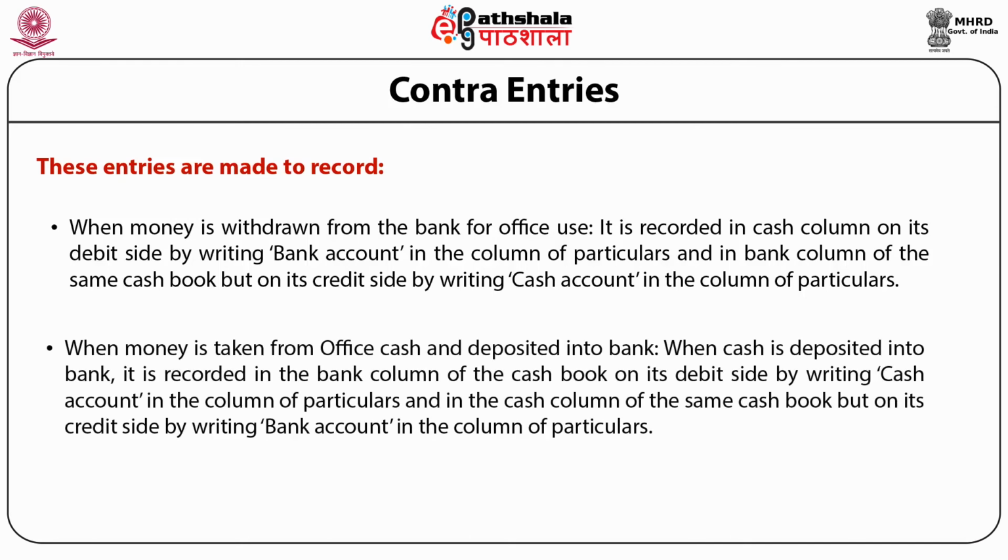When money is taken from office cash and deposited into bank. When cash is deposited into bank, it is recorded in the bank column of the cash book on its debit side by writing cash account in the column of particulars, and in the column of cash of the same cash book but on its credit side by writing bank account in the column of particulars.